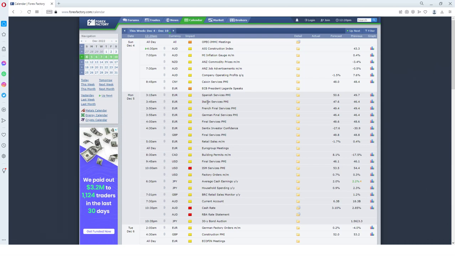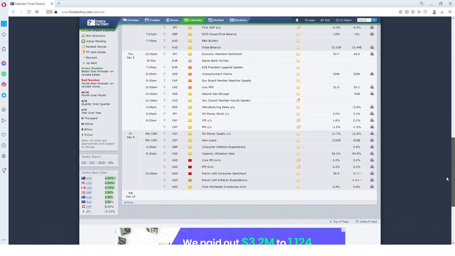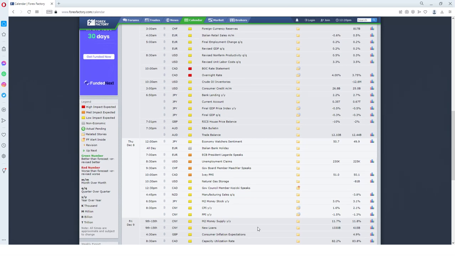Now, the other thing is just because it's yellow, don't automatically assume it's an event that doesn't move any markets, because the calendars aren't always right. And that's why people like to be involved with us. We have a lot of experience with events. Natural gas is a yellow.